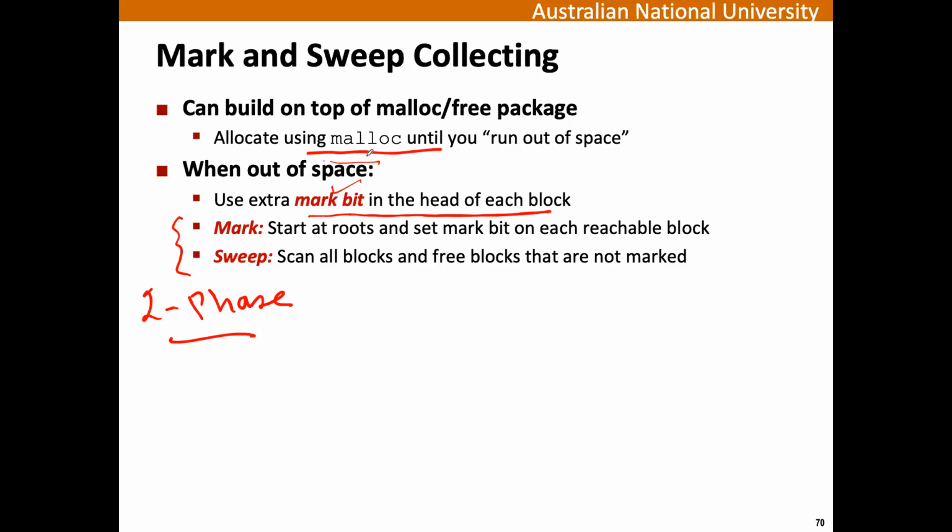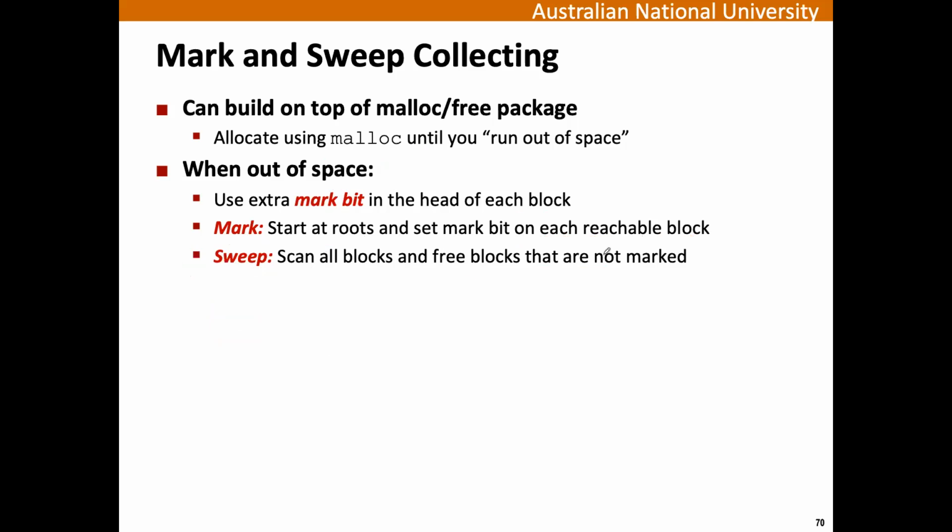You are not going to be precise. So we have a mark bit in addition to the allocate flag. In the mark phase, we start at roots and set the mark bit on each reachable block. In the sweep phase, we scan all the blocks and free blocks that are not marked.